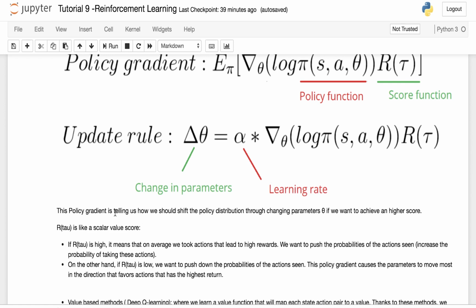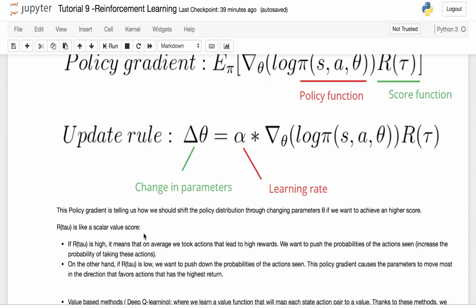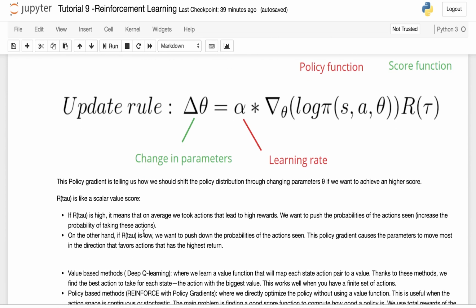Okay, so the policy gradient is telling us how we should shift the policy distribution, changing the parameters theta, if we want to achieve the highest score. Our tau is like a scalar value score. If r is high, it means that on average we take actions that lead to higher rewards, and this is good. We want to push the probabilities of those actions up.